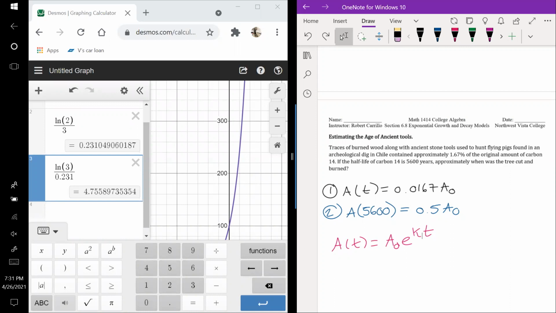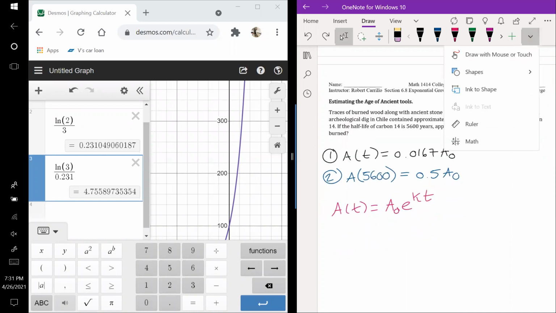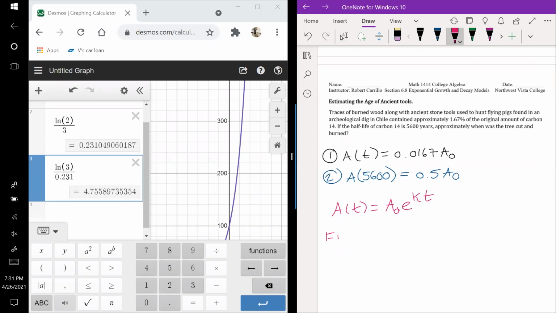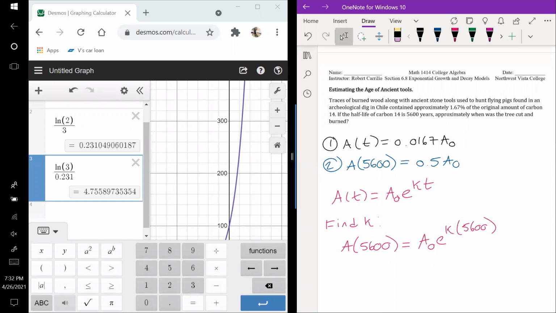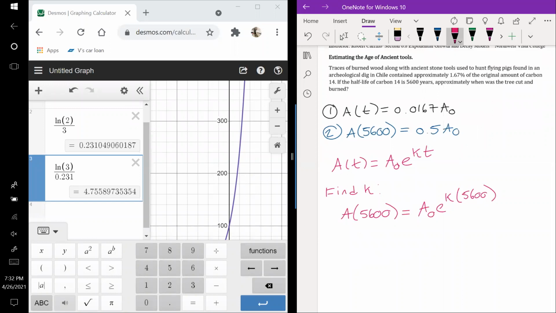They're giving us 5,600 years. So we'll say find k, which means we'll take A of 5,600 and plug 5,600 in for time. And now we know that A of 5,600 is equal to 0.5 A initial. So that is going to replace A of 5,600.